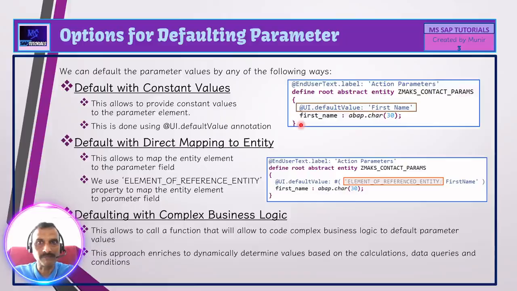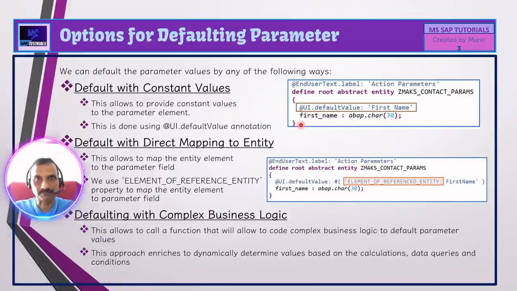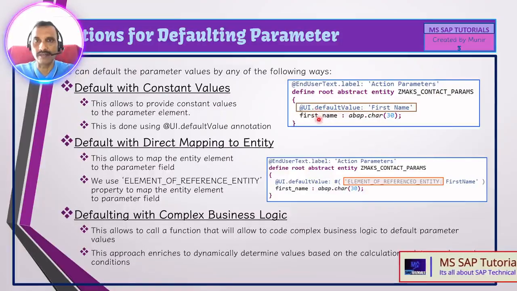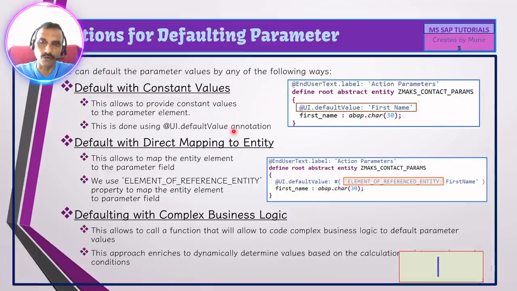It means that you can default this parameter value with certain values that you want to utilize. This is done using a UI.defaultValue annotation that will give the default value for that particular parameter element. In our case, the first name will be given as a default value to the first name of this particular abstract entity.